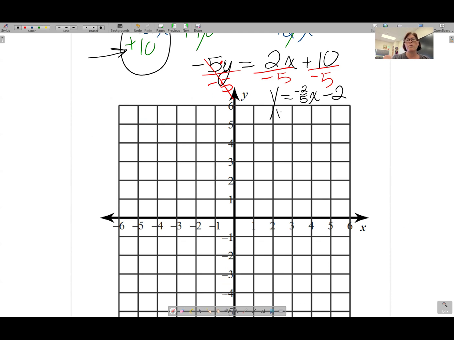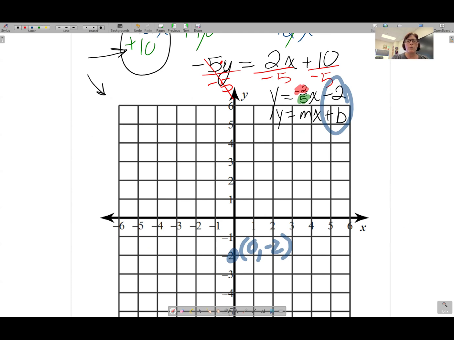Right underneath, I'm going to write y equals mx plus b. So our b is going to be -2. That's where it crosses the y-axis. So that's 0, -2. Our slope, our rise is -2. Our run is 5. So I know that it must go downward from left to right.